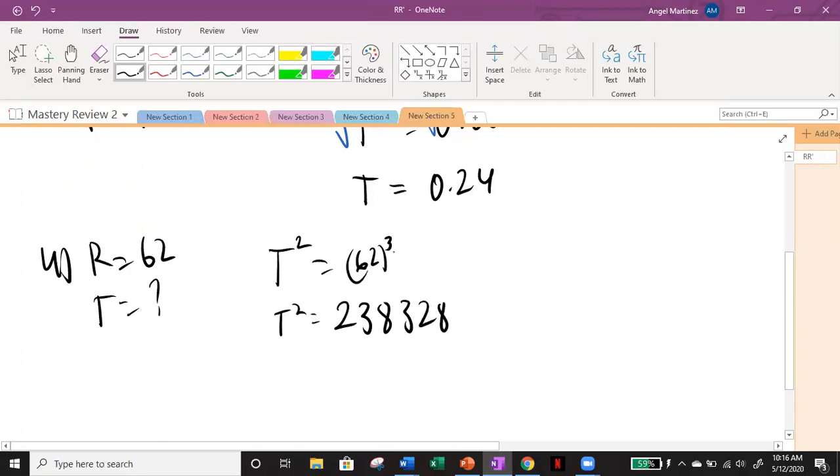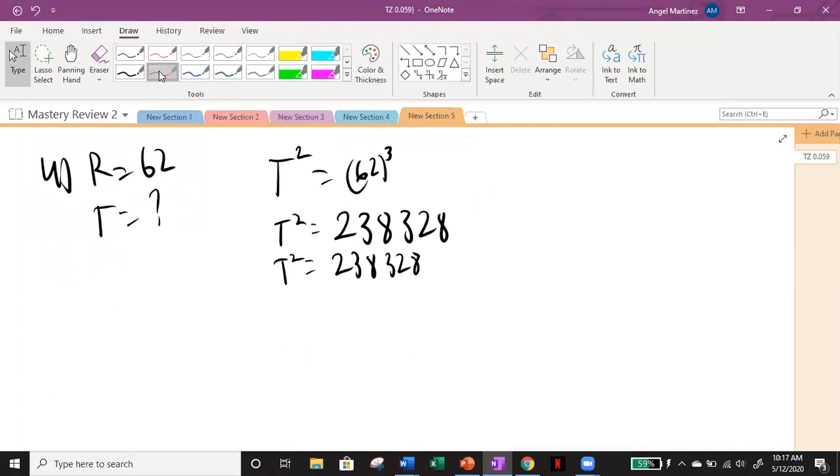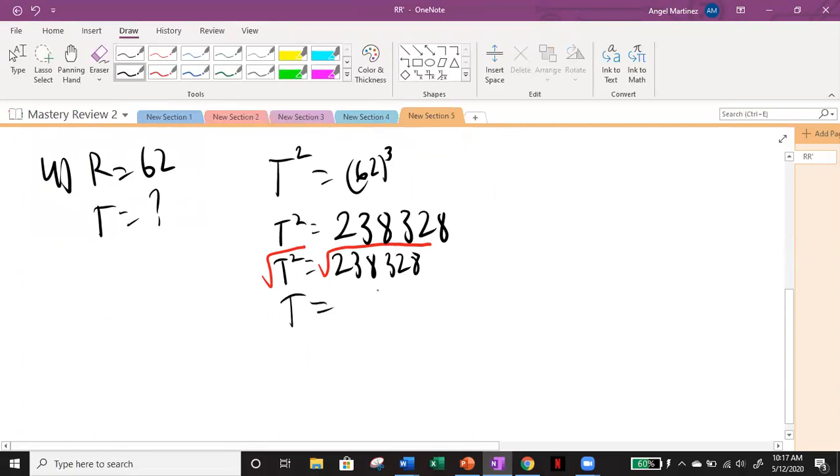We do the same thing. Let's write it again. We just take the square root of both sides. And you see that T, if you do the calculator, will be about 0.488 years.